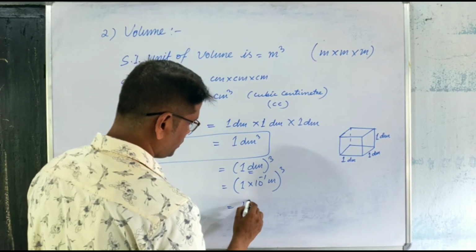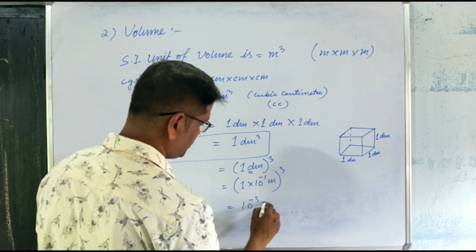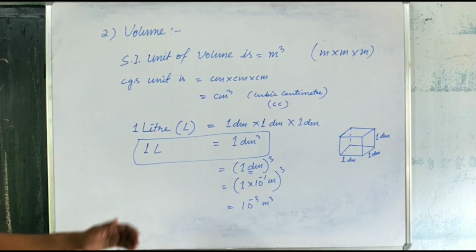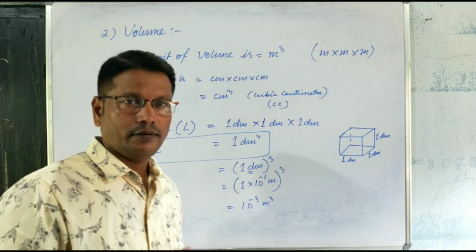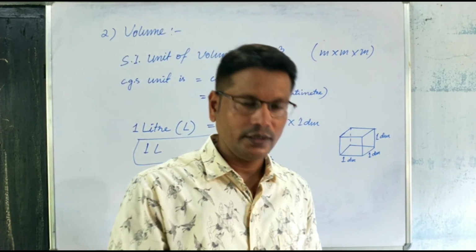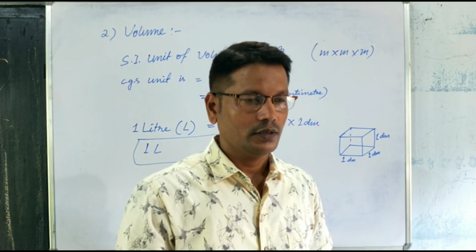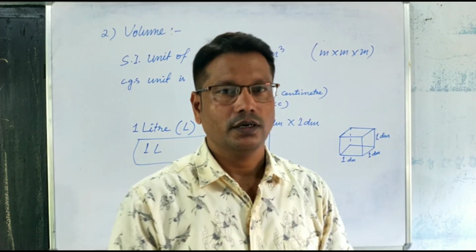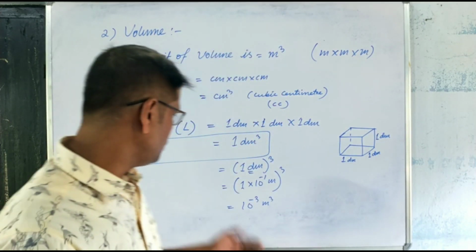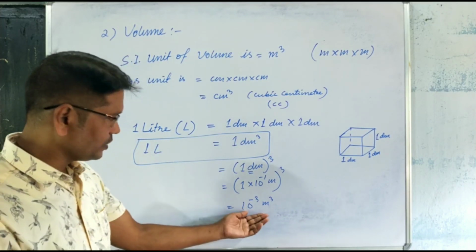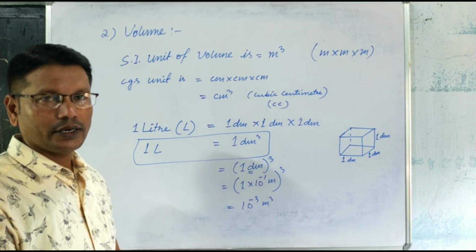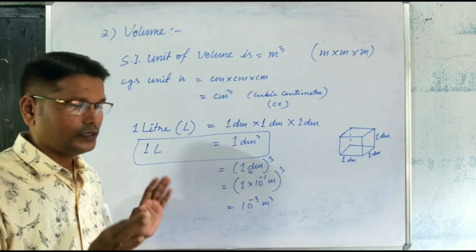So it is equal to 10 to the power minus 3 meter cube. So if we need to convert 1 liter or any given value in liter to meter cube, then with the help of this relation, we can convert liter into meter cube. Now it is clear?